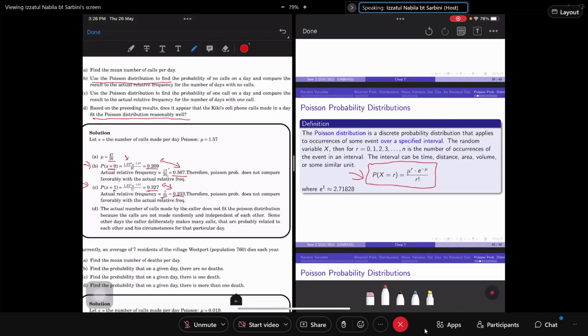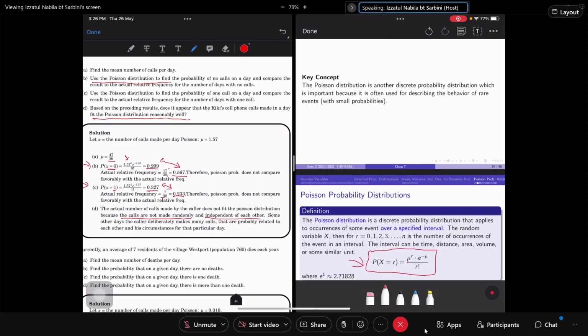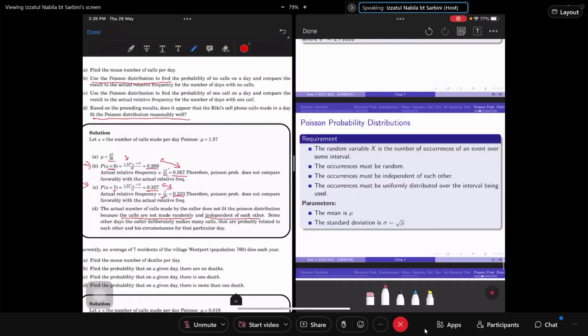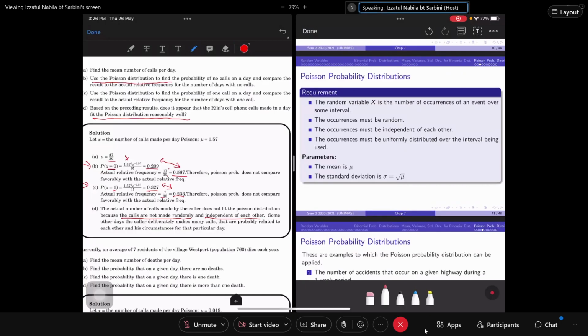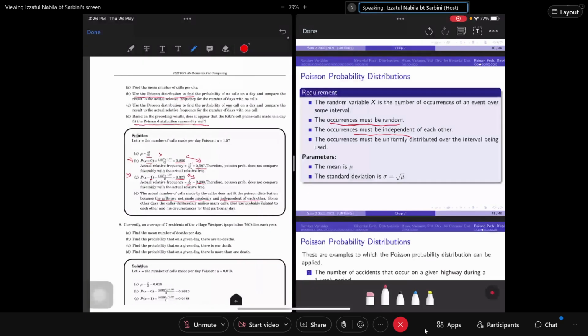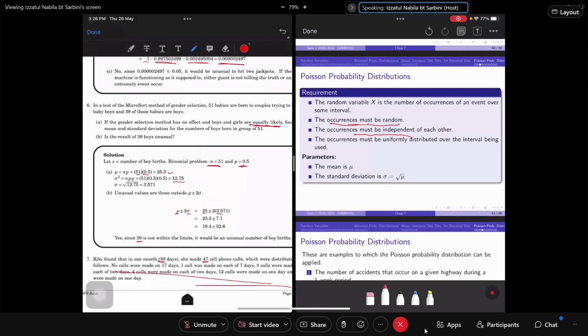Why? Because calls are not made randomly and independent of each other. When you look at the requirement of the Poisson distribution, the occurrence must be random and must be independent. This is not in this question. Why? Because Katie is the one who decides how many calls she wants to make in each day. See? It is not random.